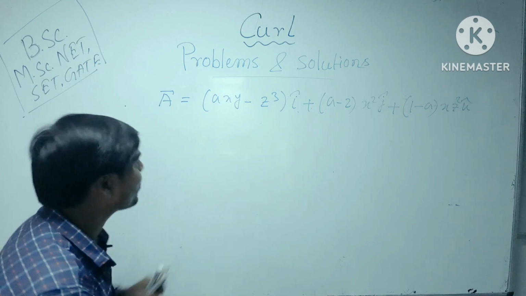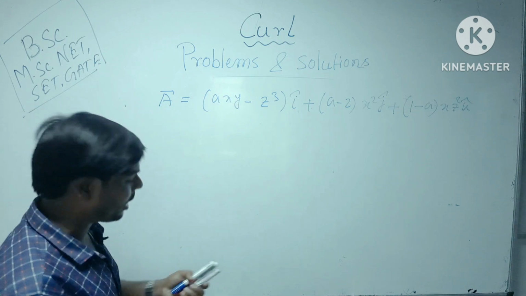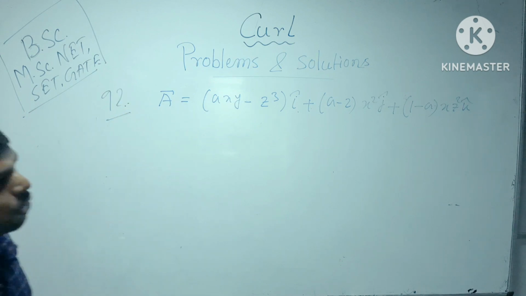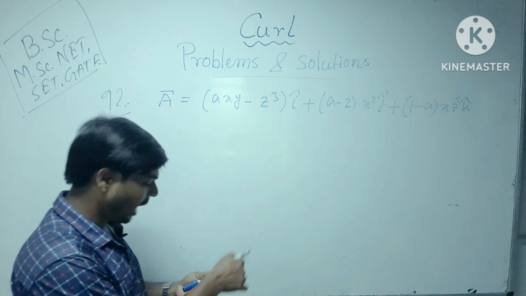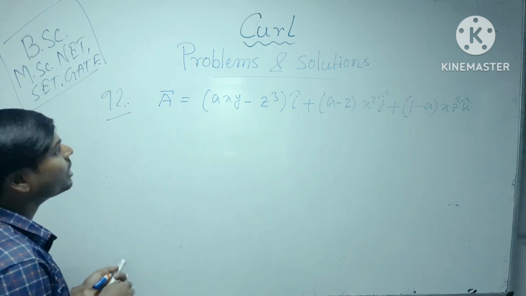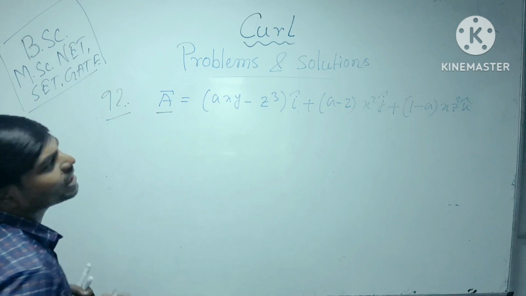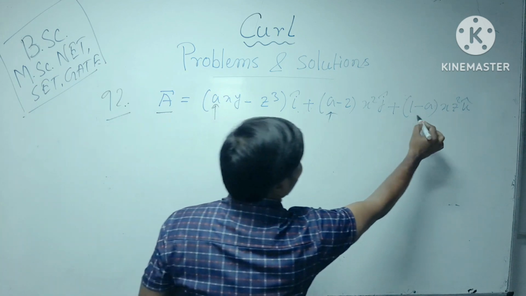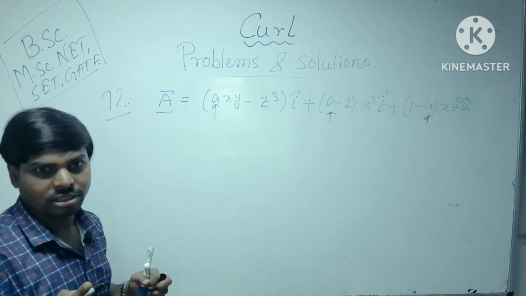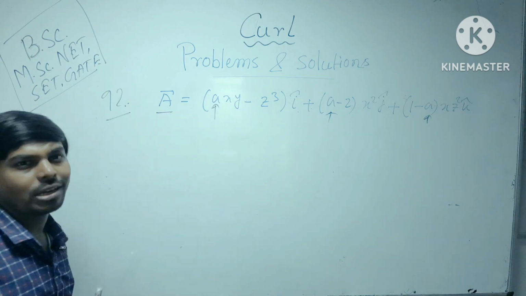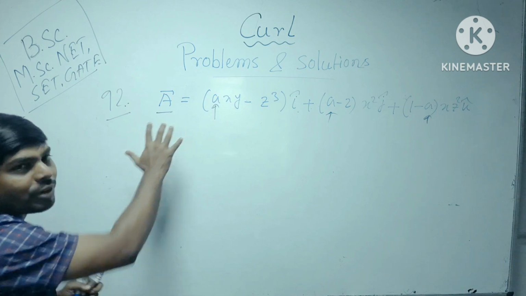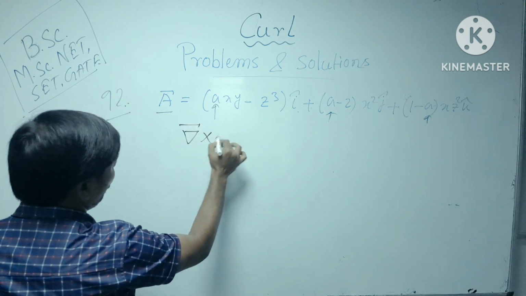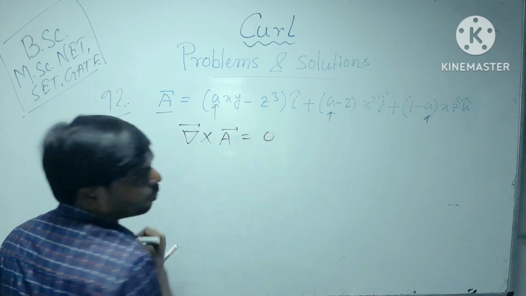Okay, so let's go, this is the second problem number 92 according to the Spiegel book. This problem I will not solve properly, I will leave for you, but I will give you hints here. First, a vector field is given, see, and there is a term A. It is asked that if it is an irrotational vector field, irrotational means if curl of a vector is 0.